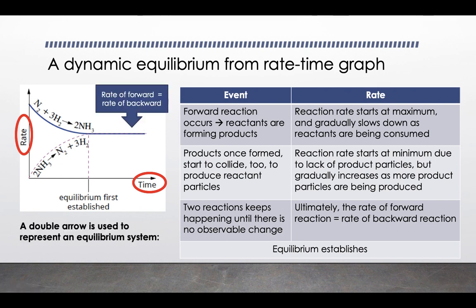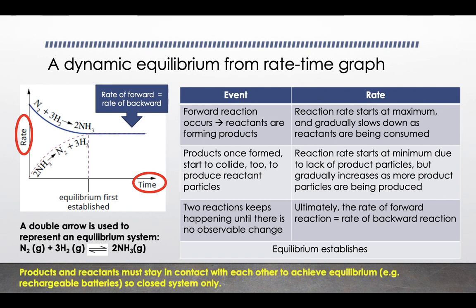A double arrow is used to represent an equilibrium system. For a reversible reaction to actually happen, we must make sure that products and reactants stay in contact with each other so as to achieve equilibrium.